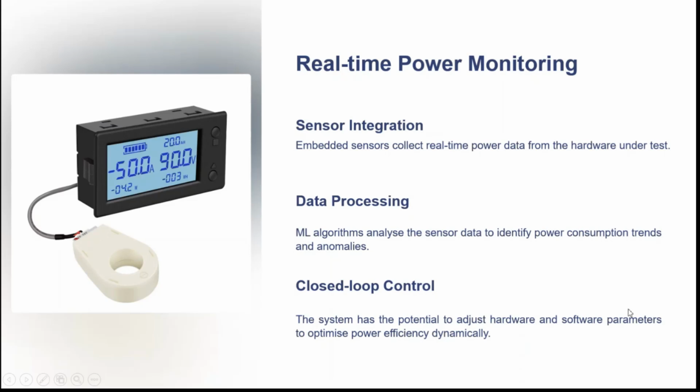So how are we going to close these loops? Closed loop control: the system has the potential to adjust hardware and software parameters to optimize power efficiency dynamically. In another way, we can say it is a runtime reconfigurable device. Based on the application and the various conditions, we may modify the device power consumption.